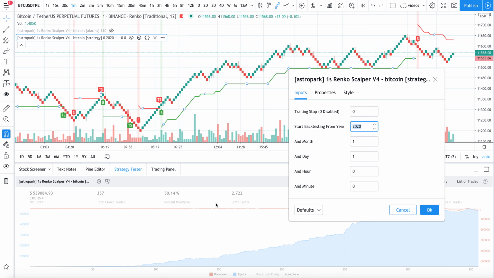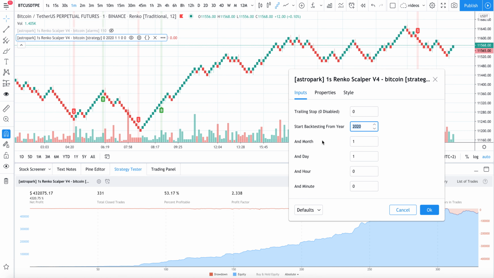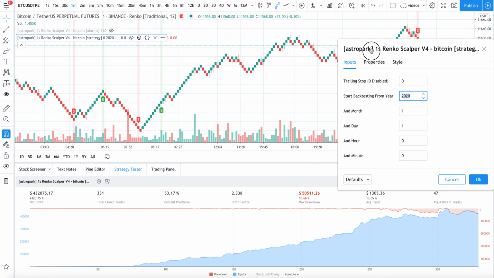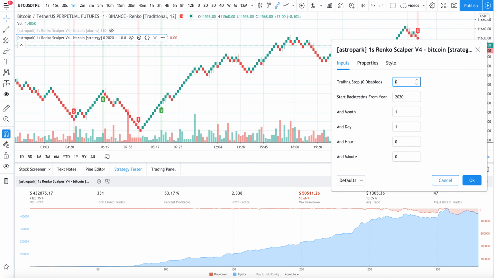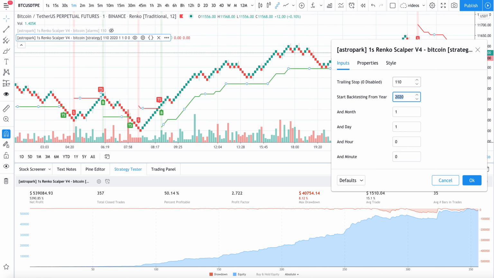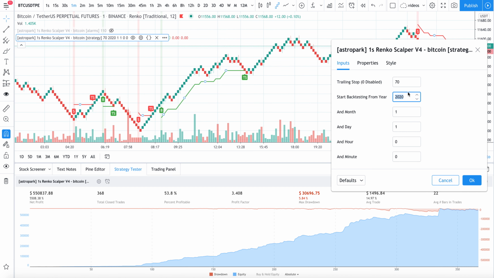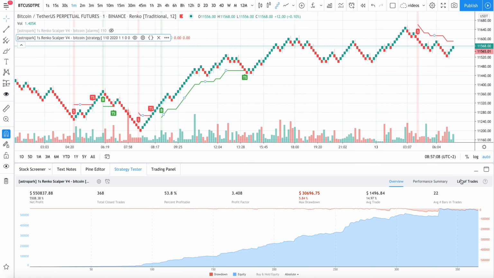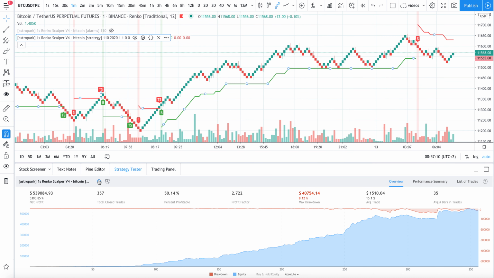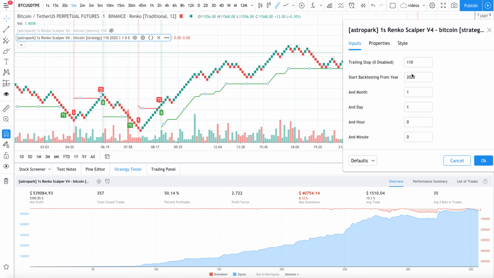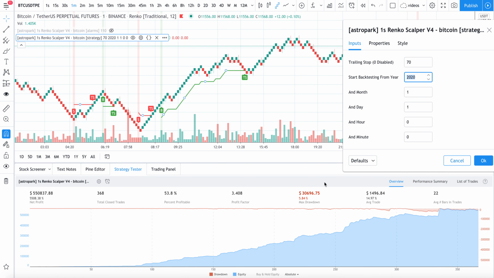So for example, it's useful to have a stop loss here on Bitcoin. Default is this, but you can also set it lower, for example $70. What does it change? It changes the max drawdown, which is lower. You risk less, basically.